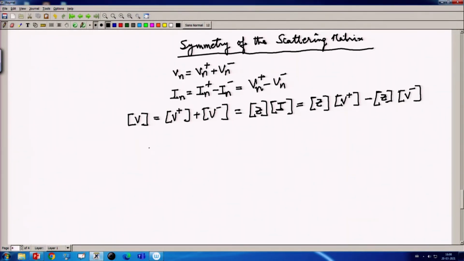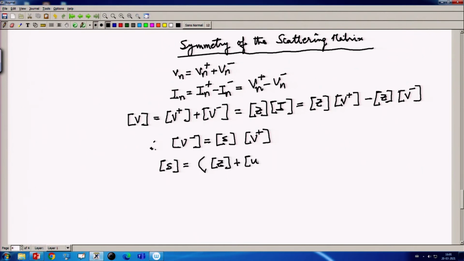Okay. So, from which the relationship between V minus and V plus, where S is given by, we call this equation 1.